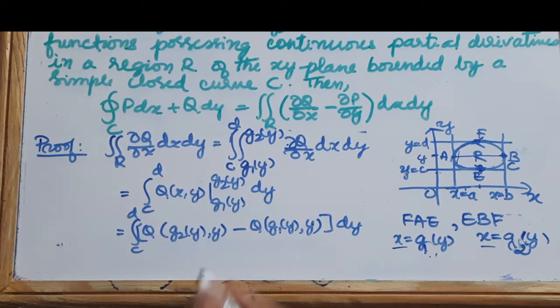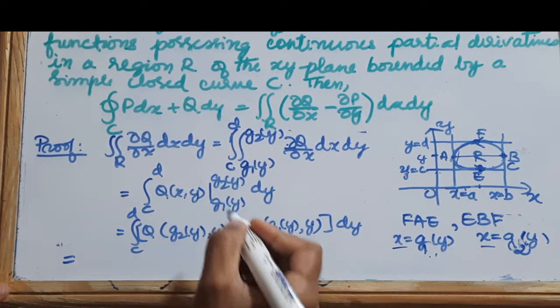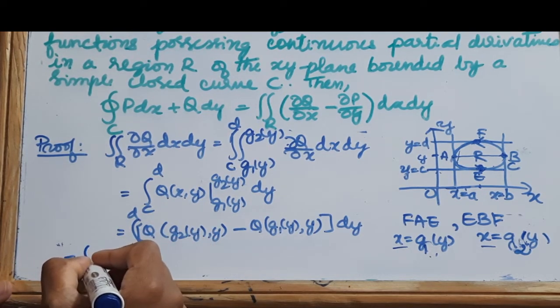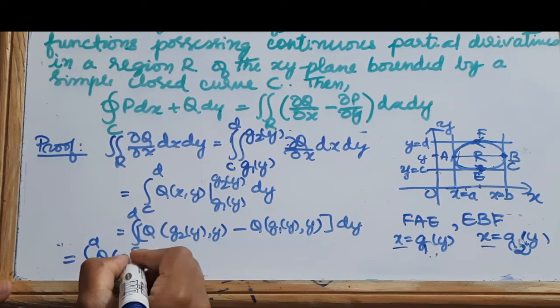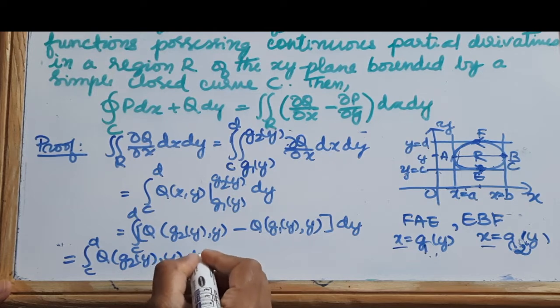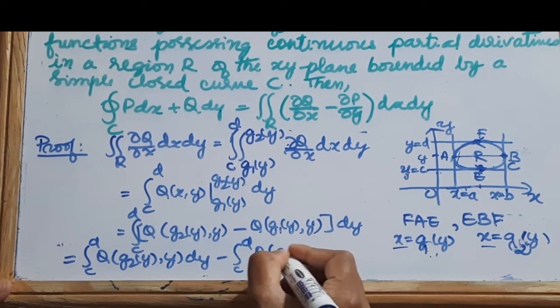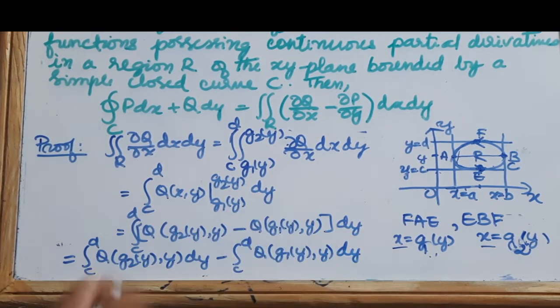Okay, so now let's do the work that we did previous time. We shall split this integral into integral c to d of q of g2 of y, comma y, dy minus integral c to d of q of g1 of y, comma y, dy.